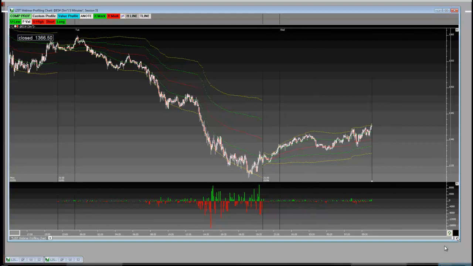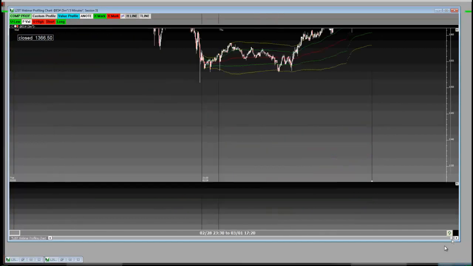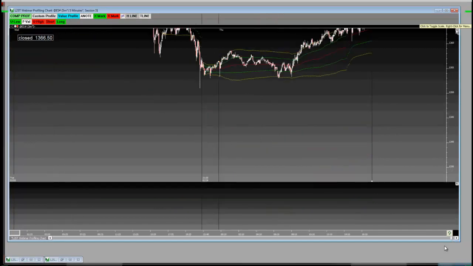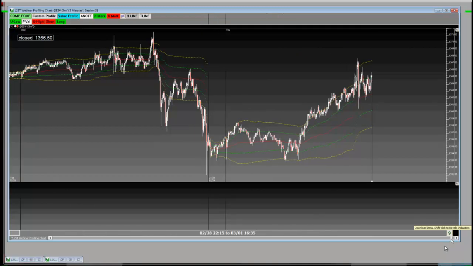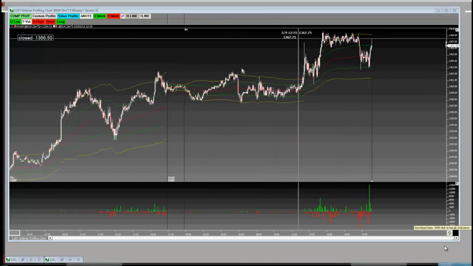In a balanced market, we generally will spend very little time above and below those ranges and get back into that range and continue to trade sideways. And most of the time, that's what you will see.